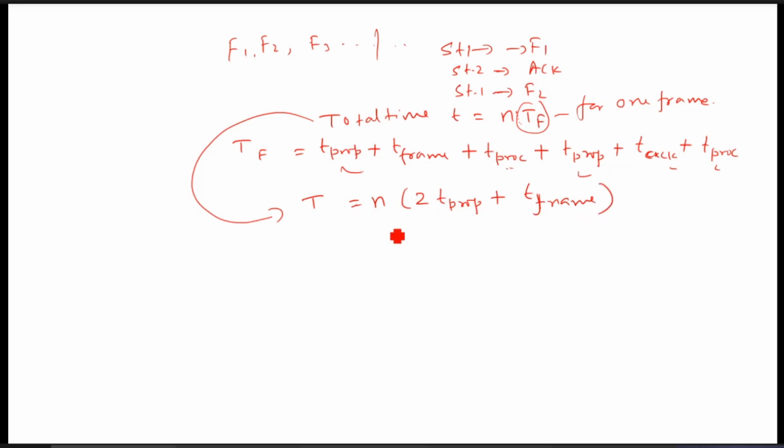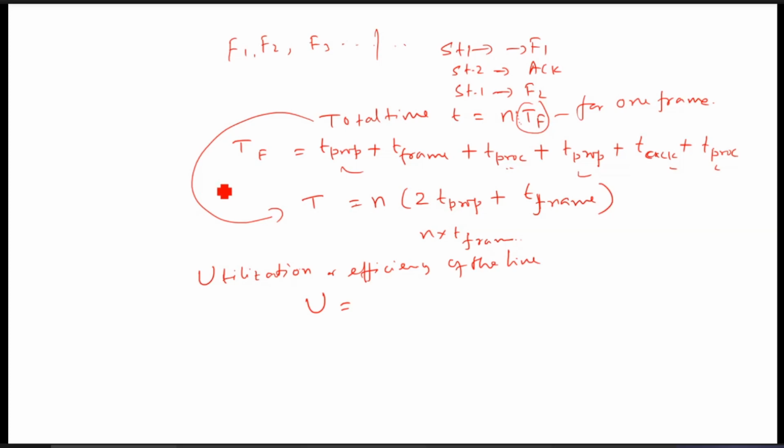If you notice, N into T frame is the time for transmitting the data for n frames. The time for transmitting the rest will be the overhead. So the utilization efficiency, or the efficiency of the line, U. Just a minute.